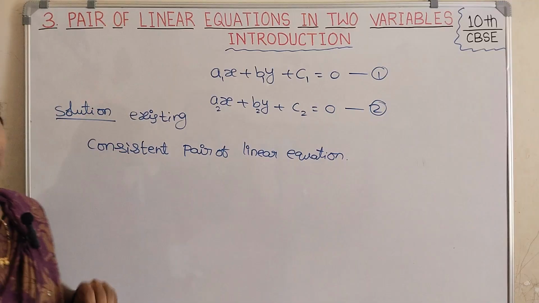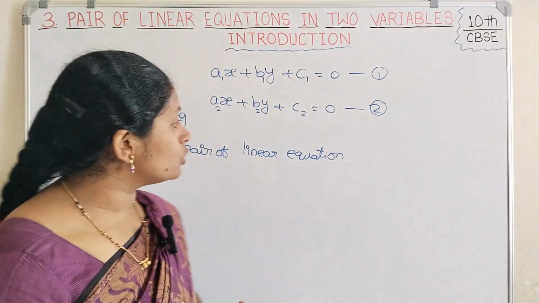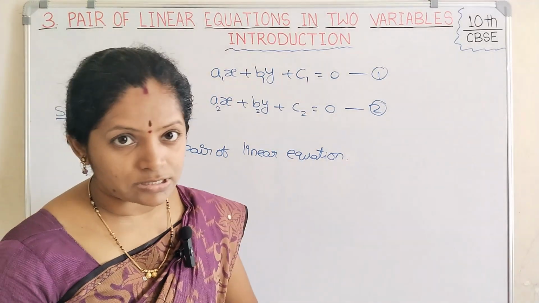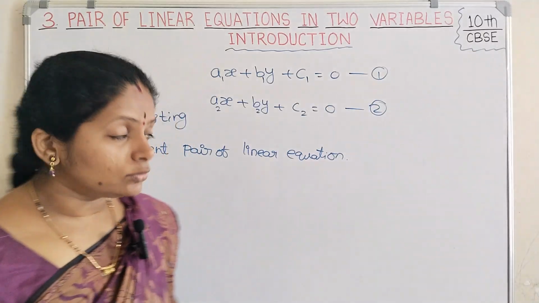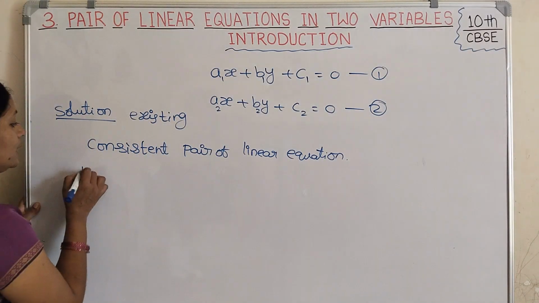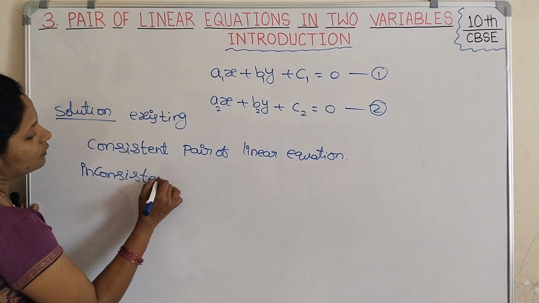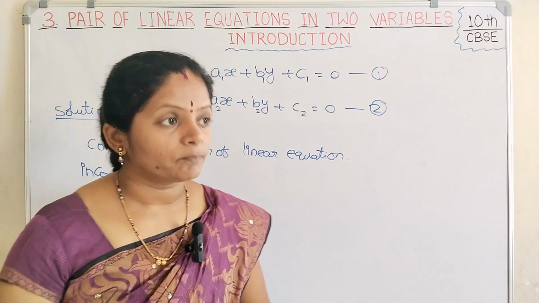A pair of linear equations which has solutions, those equations are called a consistent pair of linear equations. Next, if there is no solution, then that system is called inconsistent, an inconsistent pair of linear equations.